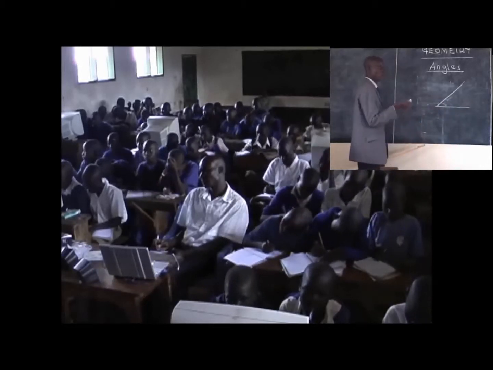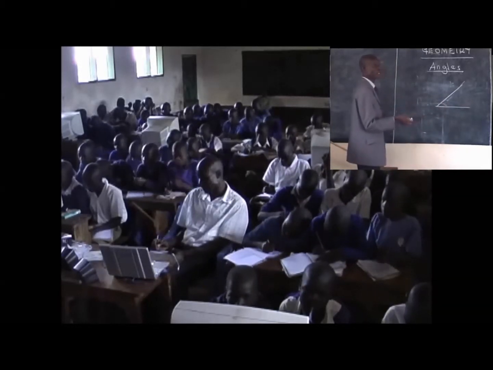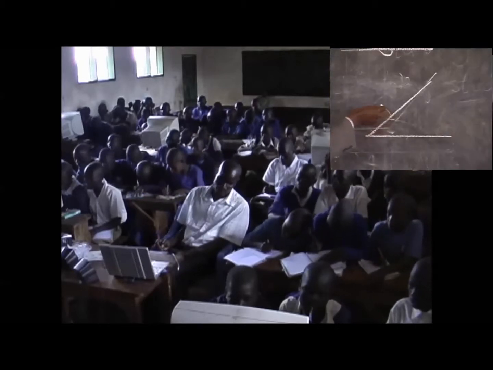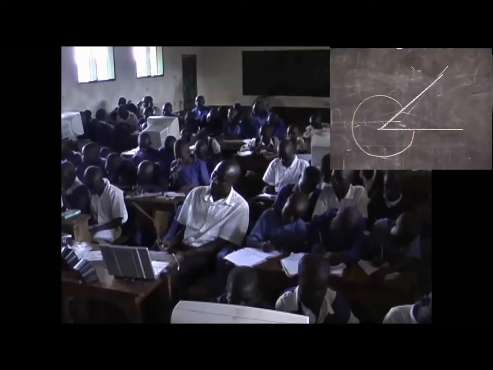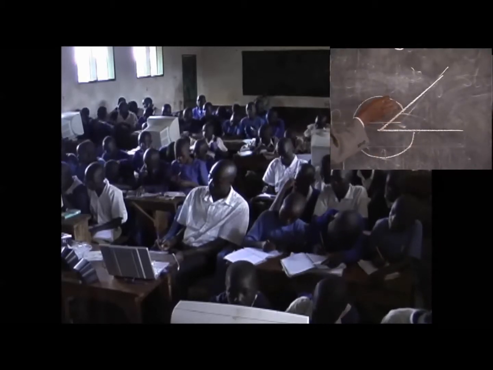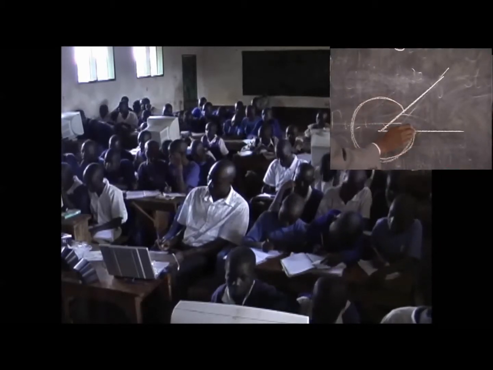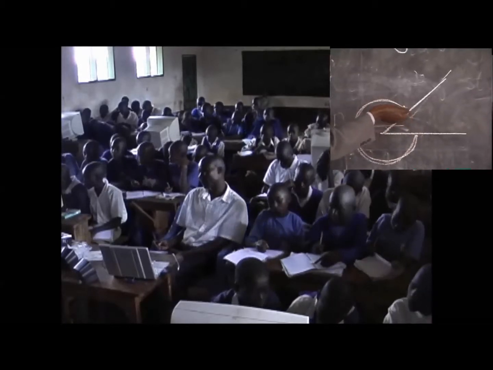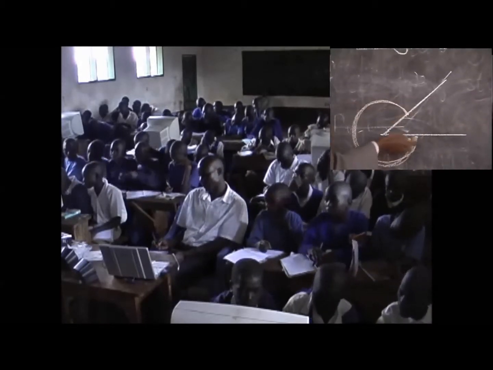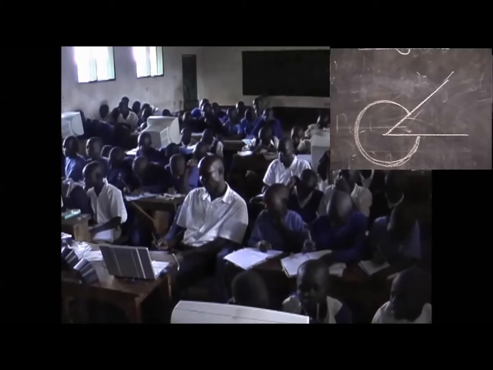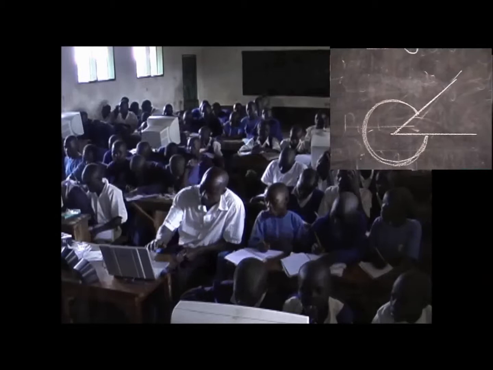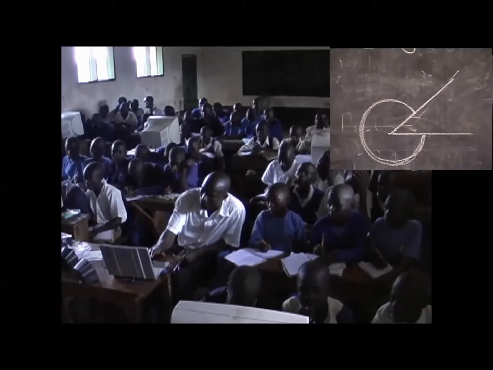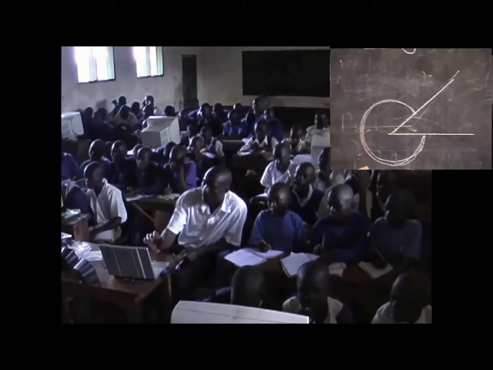But to make it a reflex angle, we mark the angle outside the two lines. So this is the angle that we are talking about. The measurement from this end all the way to this end gives us the angle that we are referring to. As you can see, this angle is more than 180 degrees, but less than 360 degrees.